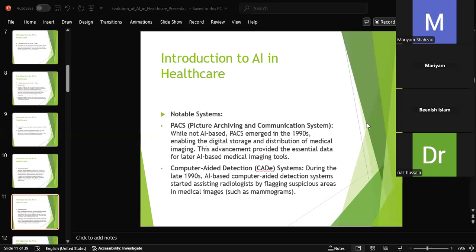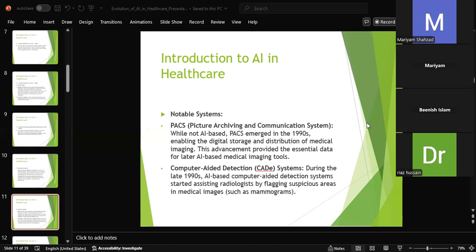CADs could help detect stroke indicators or brain tumors by highlighting suspicious regions in MRI or CT brain scans. So it was used in different applications, as we have discussed: mammography, lung cancer screening, brain imaging, and colonoscopy.